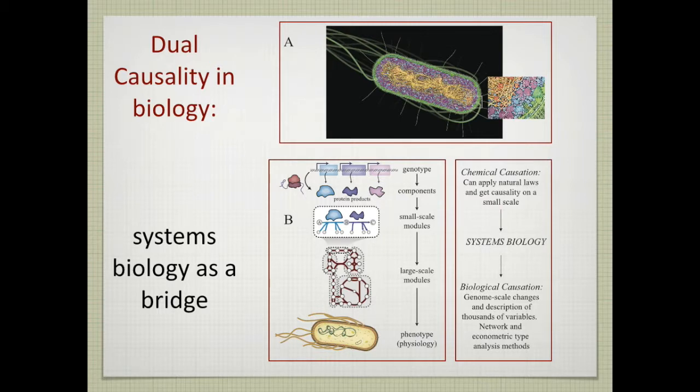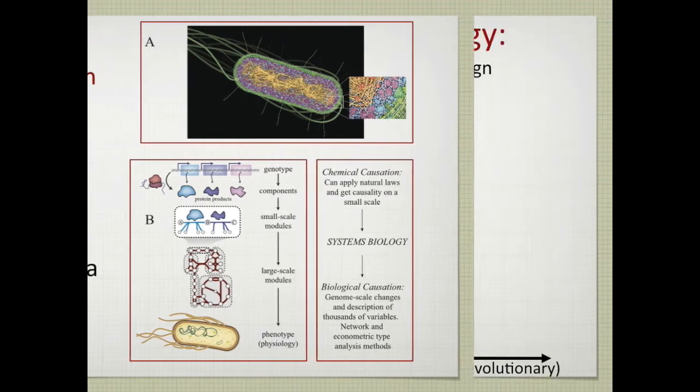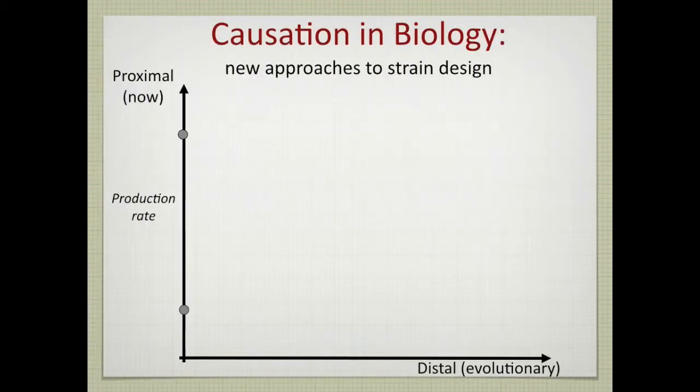So here's an example I like to give of this contrast between proximal and distal causation. And this comes from the world of bioproduction. As you know, people engineer strains highly to have a particular desirable process phenotype. And that would be mostly the production rate of a product and the growth characteristics of the organisms.